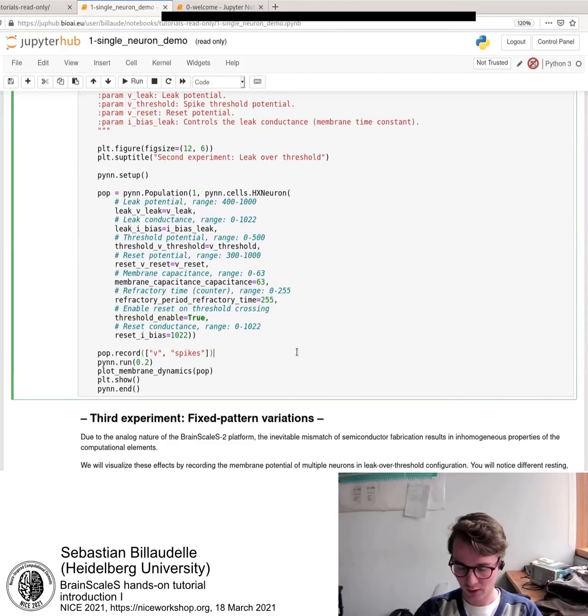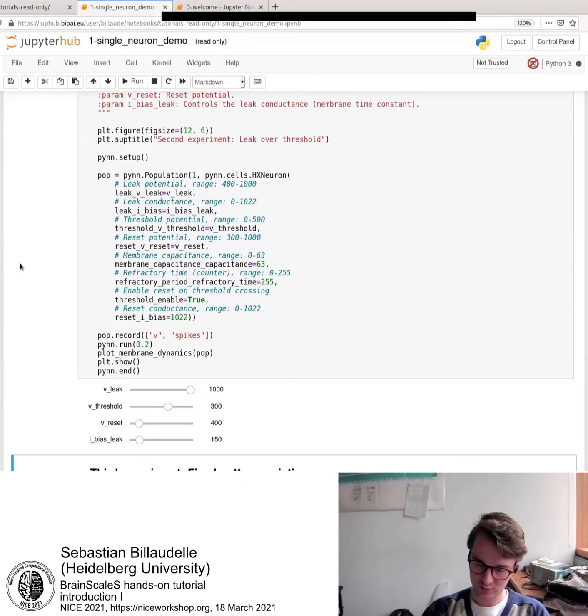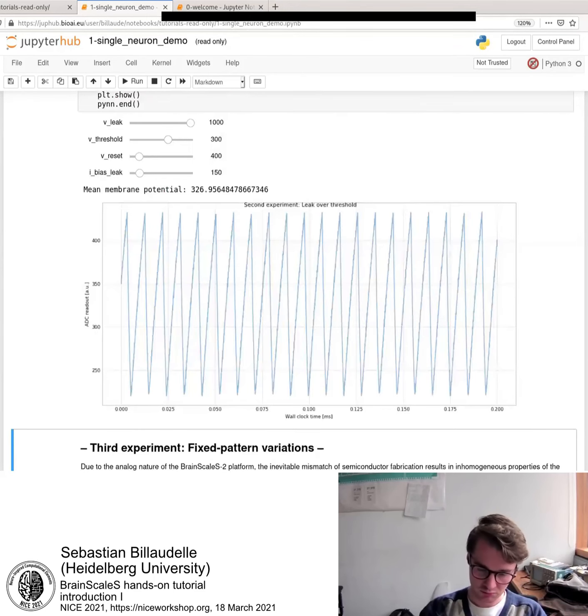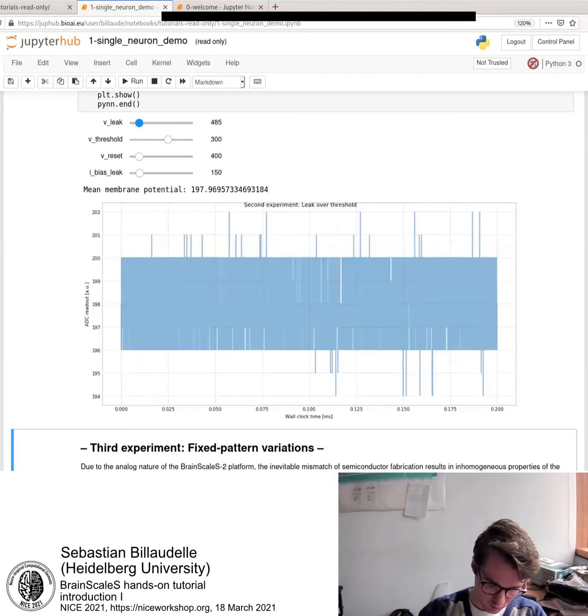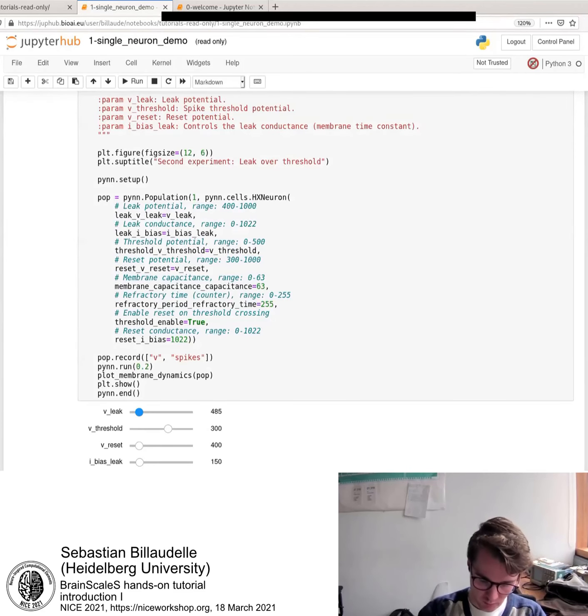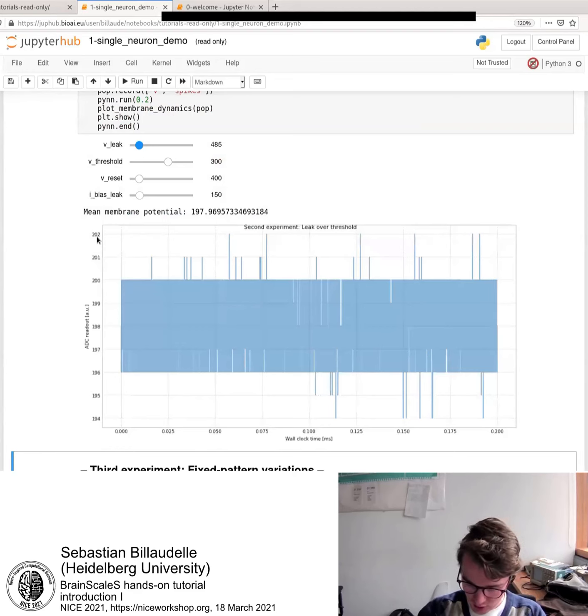And here we configure a leak over threshold configuration. We can change this by just moving down the leak potential. Okay, so now we have exactly the same behavior as above, but without fixed y limit. So now you again see just a resting membrane with a bit of analog noise.